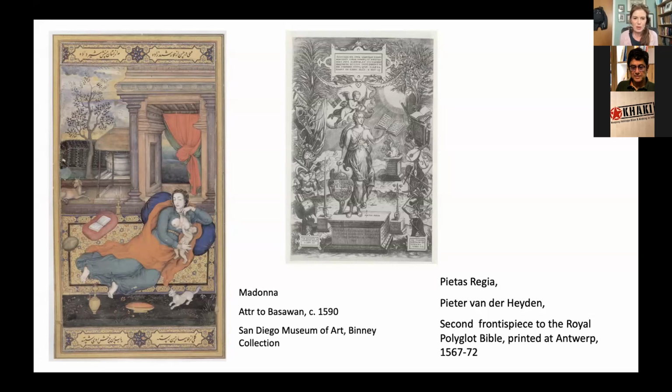I love the way in which Basawan really both borrows and responds to European art in the sense of volume in the figure of the Madonna. And yet behind it, he places this completely 2-dimensional carpet. And that gives the effect of making the Madonna almost float above the picture plane, float in space, because the carpet has this complete 2-dimensionality.